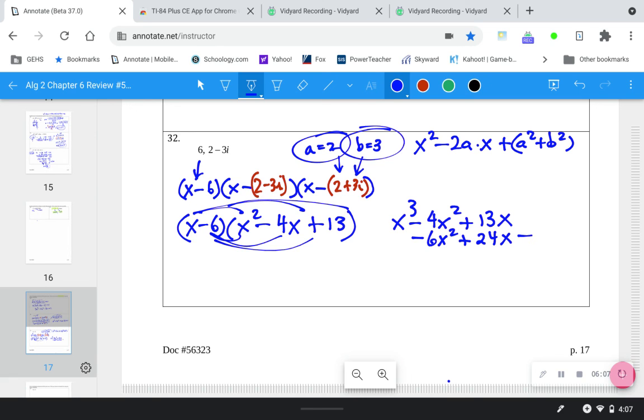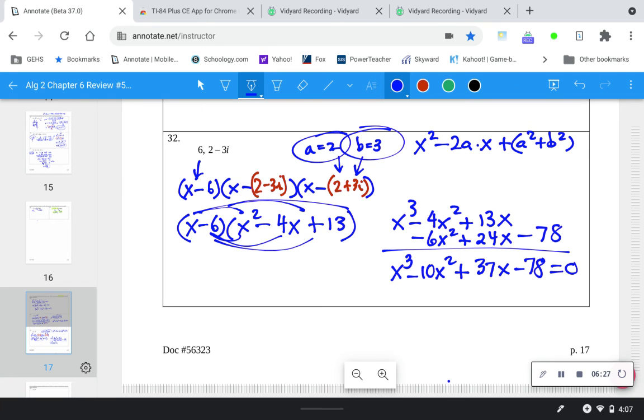And let me see what negative 6 times 13 is. 78. Negative 78. So we get x cubed minus 10 of the x squareds plus 37x minus 78 equals 0. Okay, that does it for 30, 31, and 32 in the review.